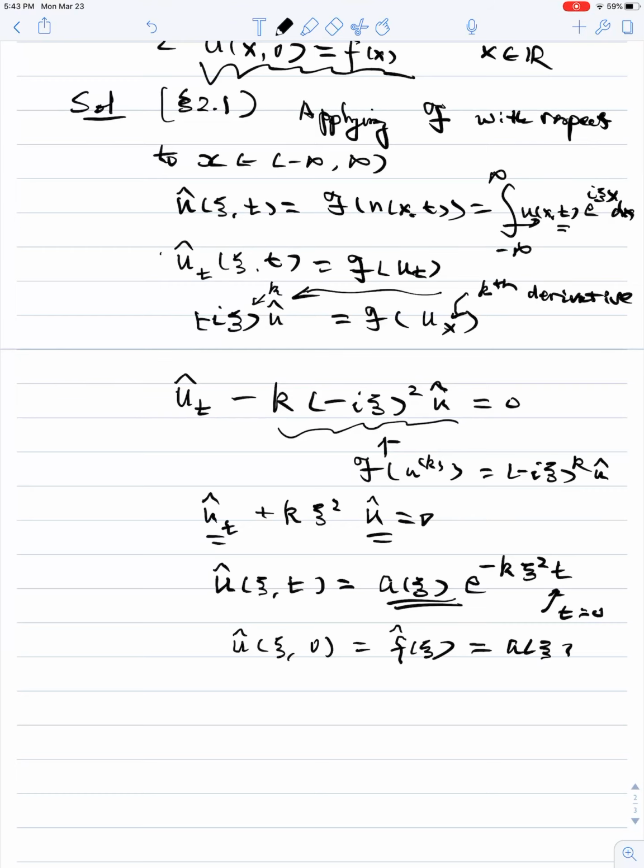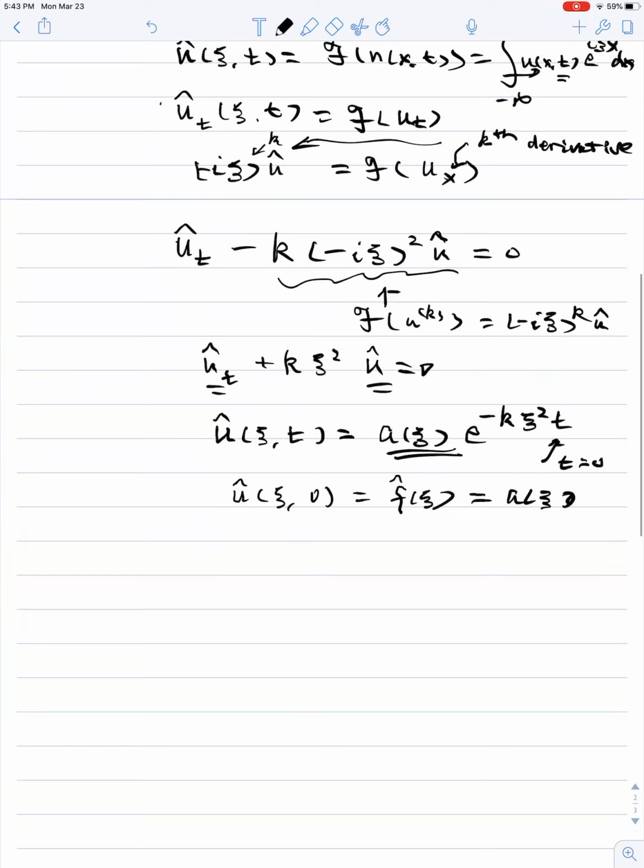So our solution at this point is û = f̂(ξ) e^{-kξ²t}. However, this is the solution in the frequency variable, so we need to find the original solution.